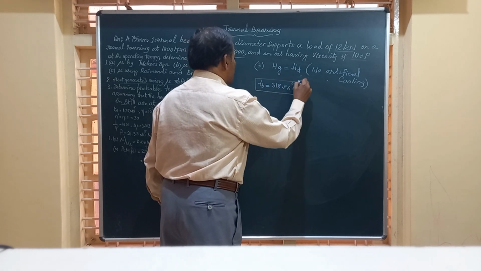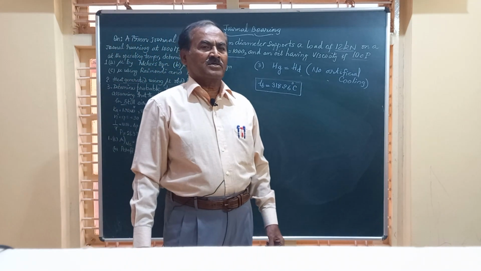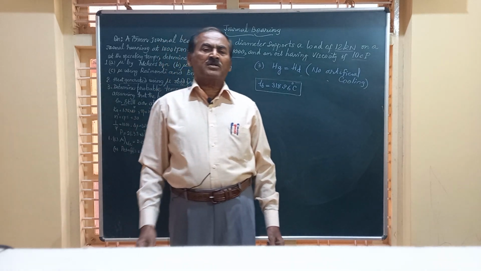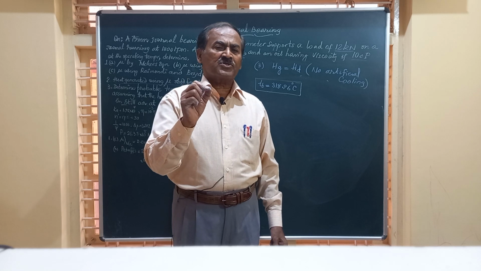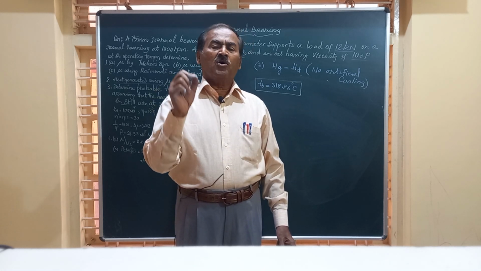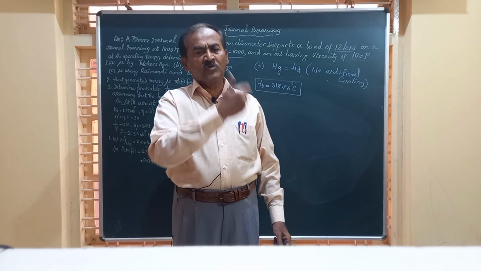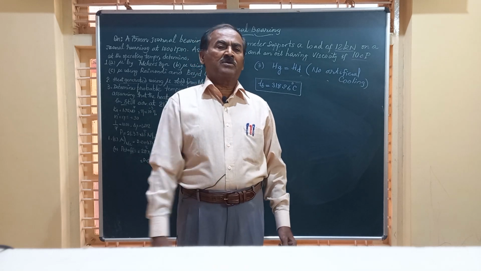This is the bearing temperature, the final part of the question. Friends, please remember, this is a very, very important question, and it covers all the design aspects of the journal bearing. If you know this thoroughly, you should be able to work out any problem on journal bearing.